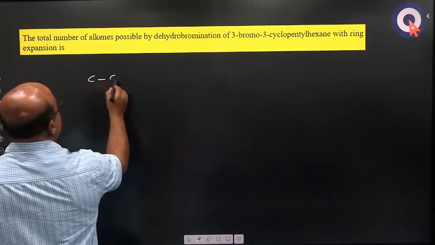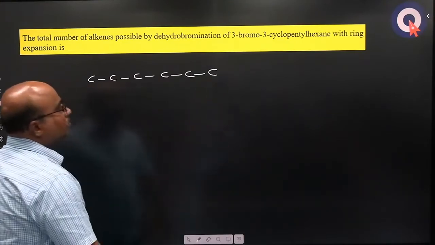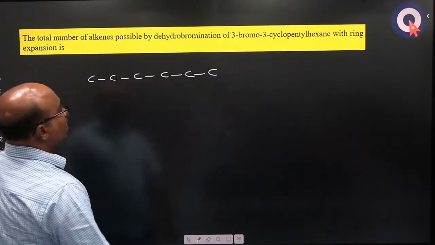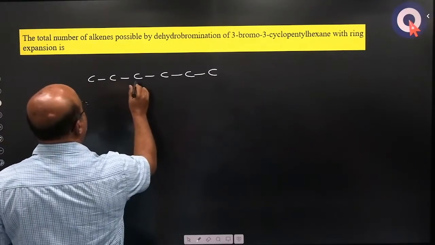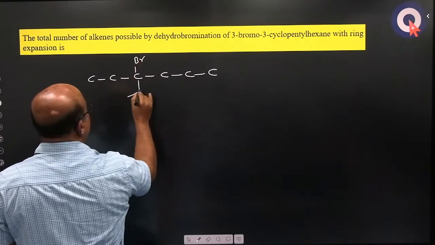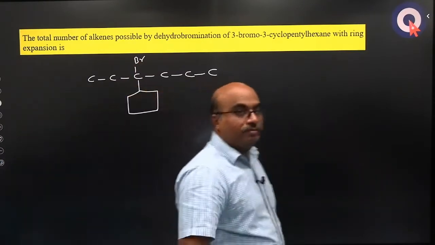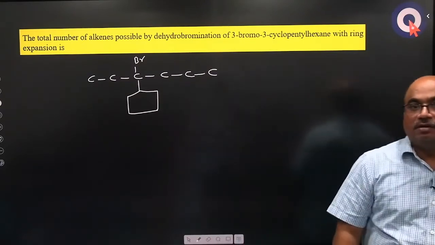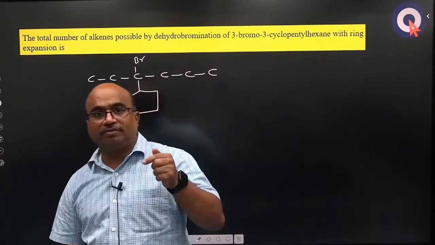See, 6 carbons, hexane, 3-bromo 3-cyclopentyl. So at the third carbon we have bromine as well as cyclopentyl group. So he is asking how many alkenes we may get by the dehydrohalogenation of this.